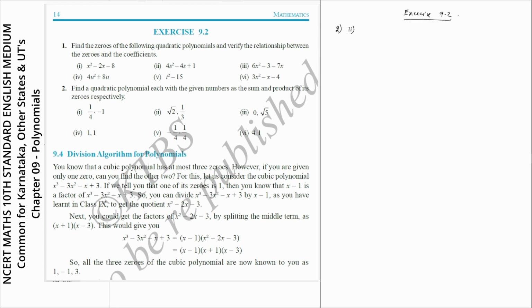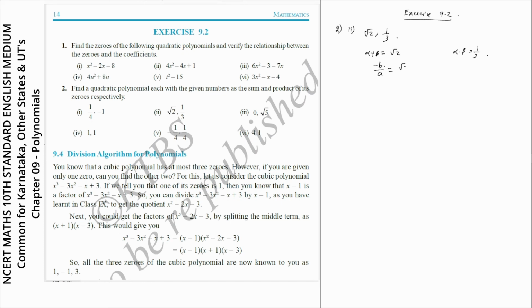Exercise 9.2, question number 2, sub question 2. The given values are root 2 and 1 by 3. So that means alpha plus beta is equal to root 2 and alpha into beta is equal to 1 by 3. So alpha plus beta is also equal to minus b by a.